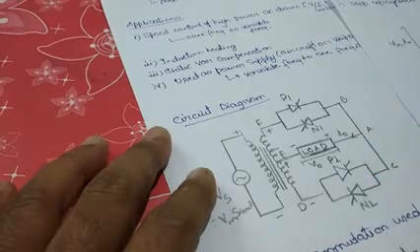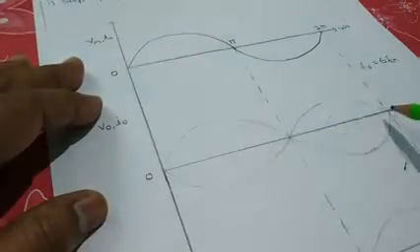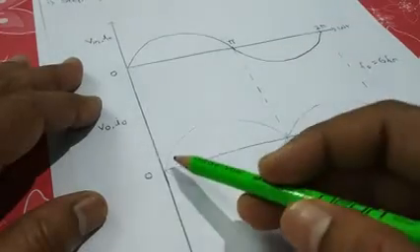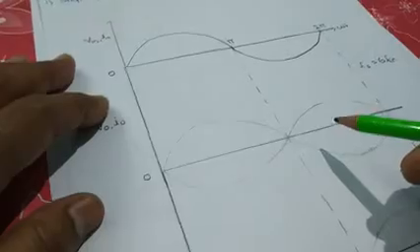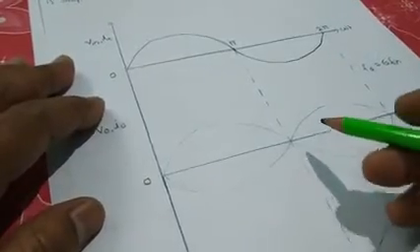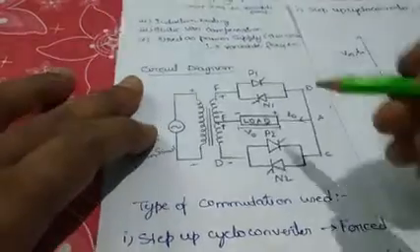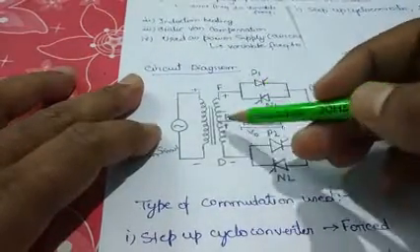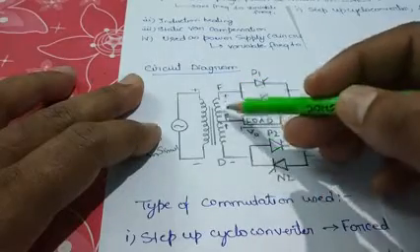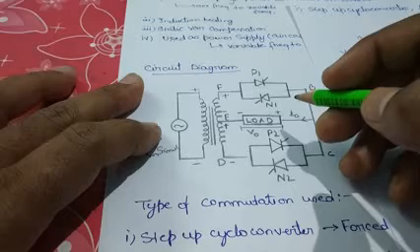For understanding, I have drawn it in this way, and in this curve we will draw the waveform. When it is plus and when it is minus, plus minus, plus minus, P1 and N2 are capable of conducting.